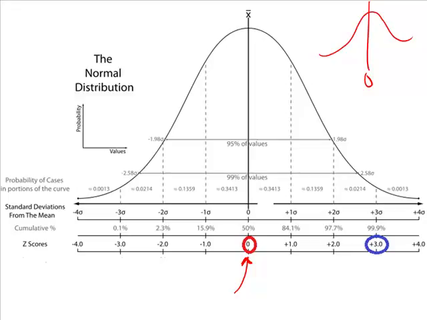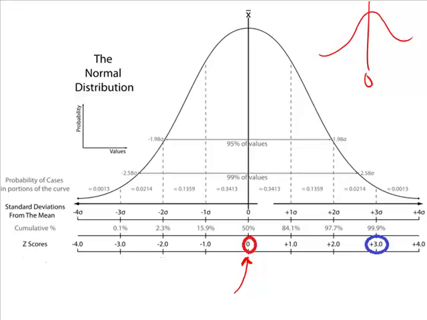Why do we do this? Well, we want to figure out for all of the distributions that take the shape of a normal curve, is there a way that we can find out the area under the curve from that point? And that's what z was created to do.